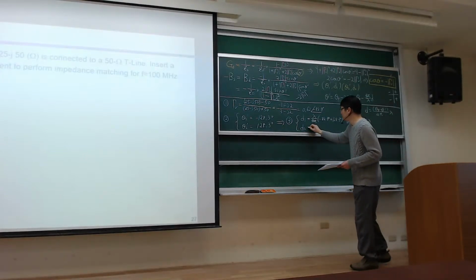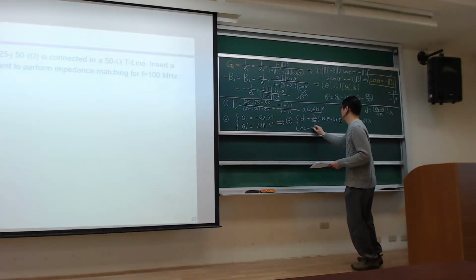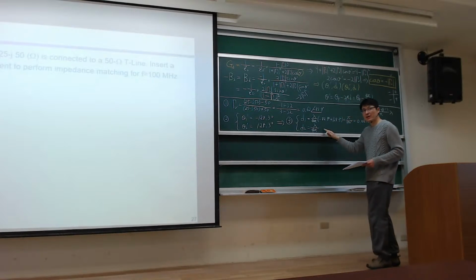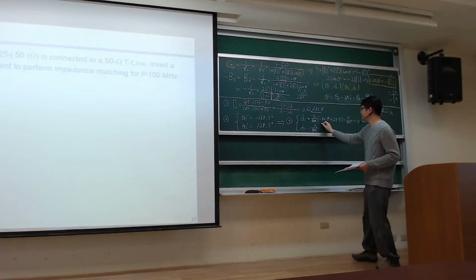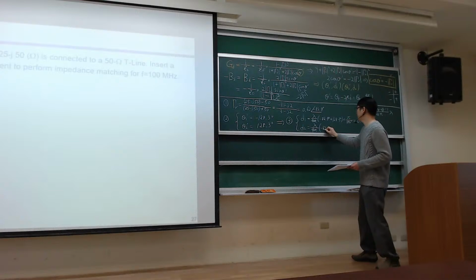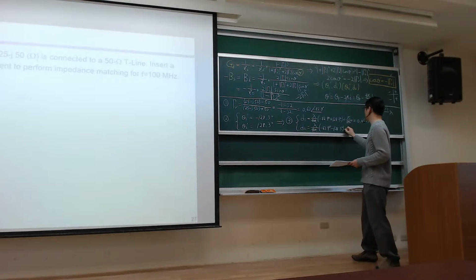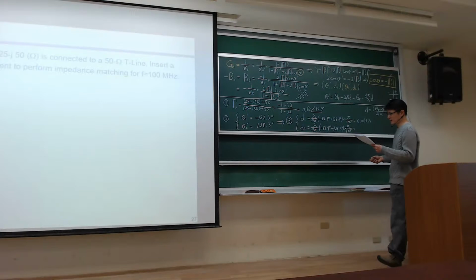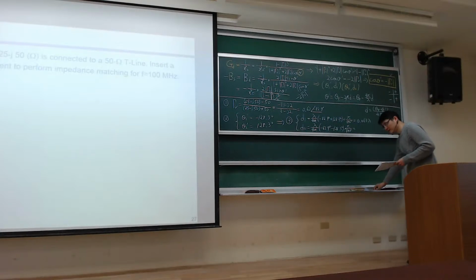The second one, lambda over 4 pi. This is another trick. Okay. Negative 82.9 degrees minus 128.3 degrees times pi divided by 180 degrees is, pay special attention, negative.